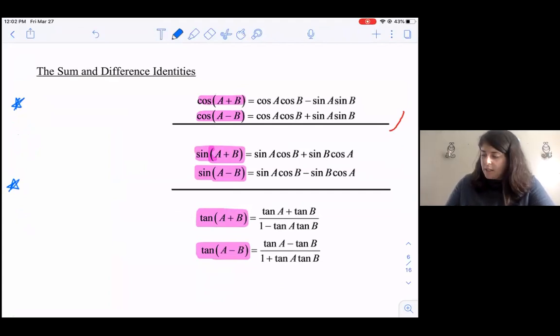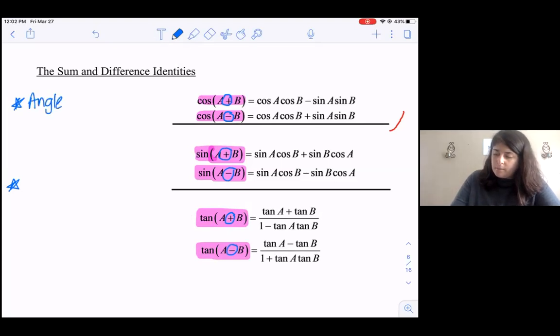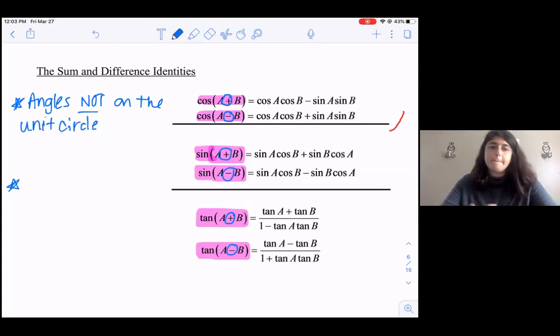But basically, as you can see, there's a cosine sum and difference, a sine sum and difference, and a tangent sum and difference. Again, these are used for angles not on the unit circle. All right, so go ahead and pause this and take those down.